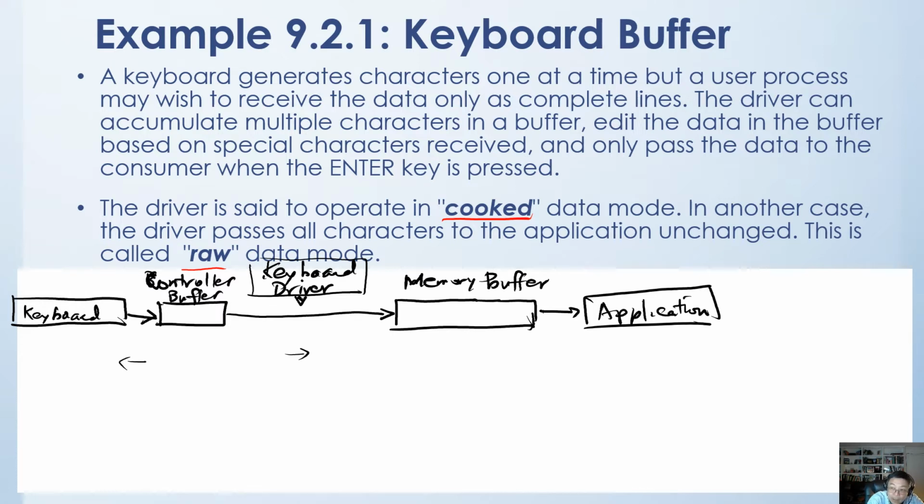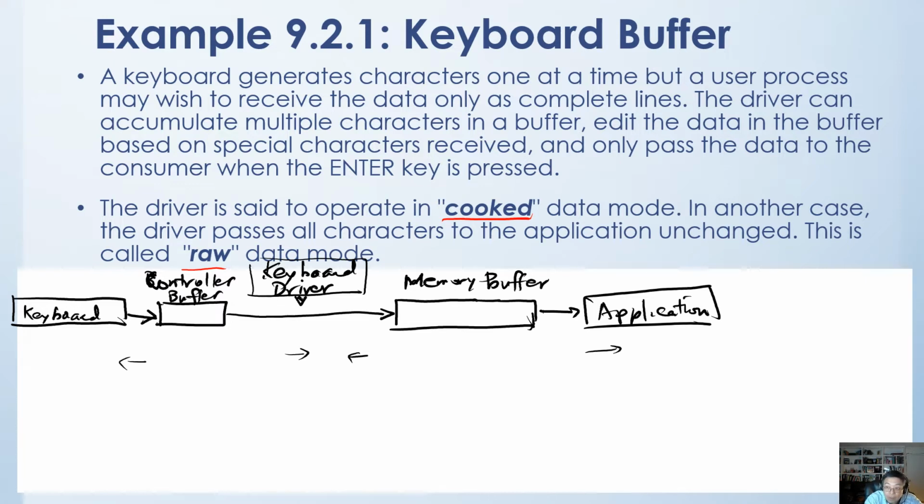The memory buffer decouples the driver from the application. The buffer also allows the keyboard driver to pre-process the input lines. That means the driver can edit the data in the buffer to correct errors before passing control back to the application.